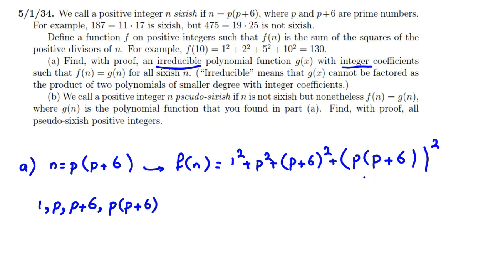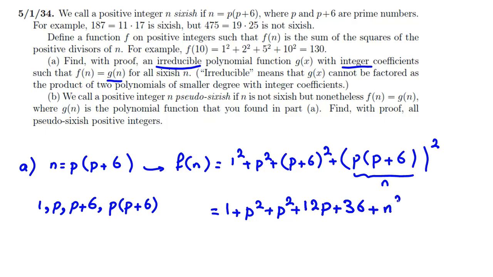Now I want to write it as g of n, a polynomial in terms of n, not p. So let's see how I can write it in terms of n. This one is n, so let's write 1 plus p squared. Let's also expand this. We know that (a plus b) squared is a squared plus 2ab plus b squared, so it is p squared plus 12p plus 36, plus n squared.